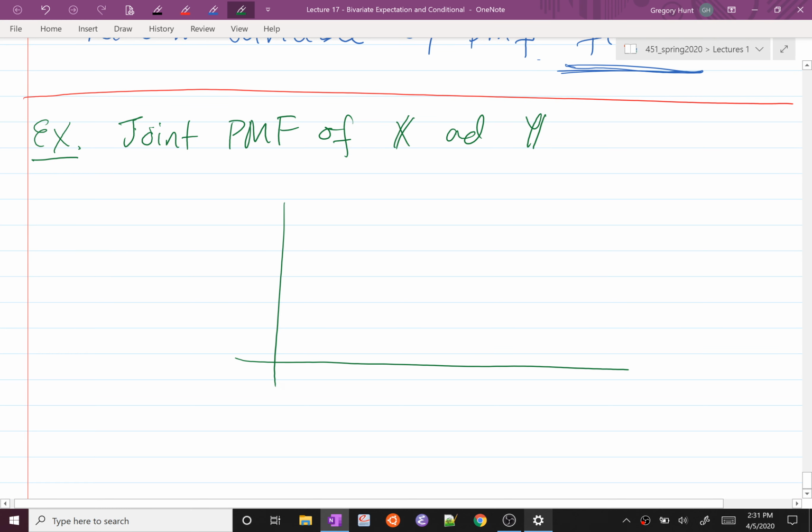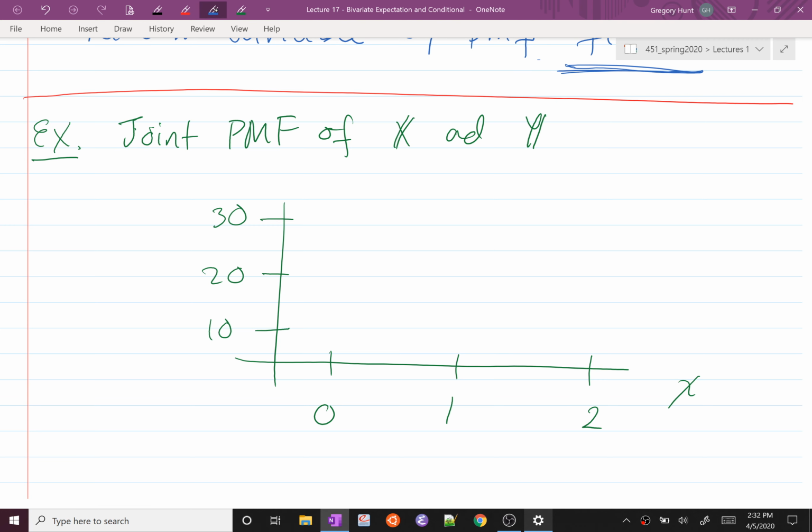X can take on 3 values: X can be 0, X could be 1, or X could be 2. So these are the possible values for X. And Y could be 10, Y could be 20, or Y could be 30. And I'm just going to write the value of the PMF at each of these points.